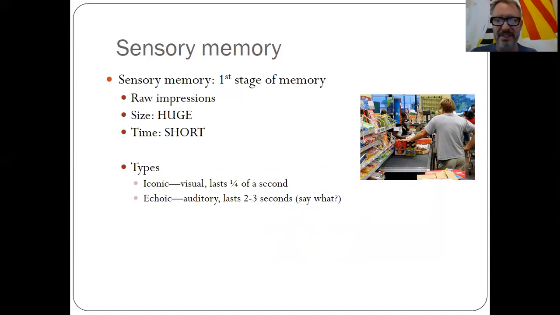If somebody says something to you and you say, huh, and they start to repeat it and you say, no, I got it, that is your echoic, or auditory, sensory memory. You still have that playing there; you just didn't realize it, so you could still go grab it.